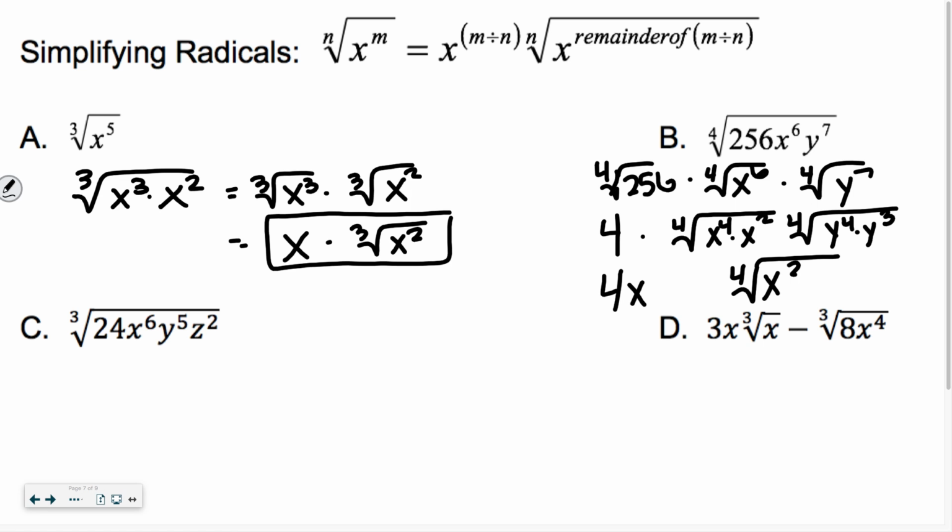And then the 4th root of y to the 4th is y. There's 4 over 4 now. The root is in the denominator, so that's going to be a y to the first. That's on the outside. And then this 4th root of y cubed, I don't have enough y's to 4th root it. So y cubed gets stuck under the 4th root with x squared.